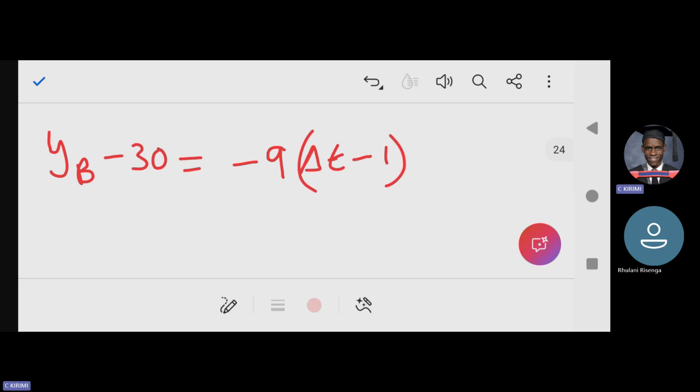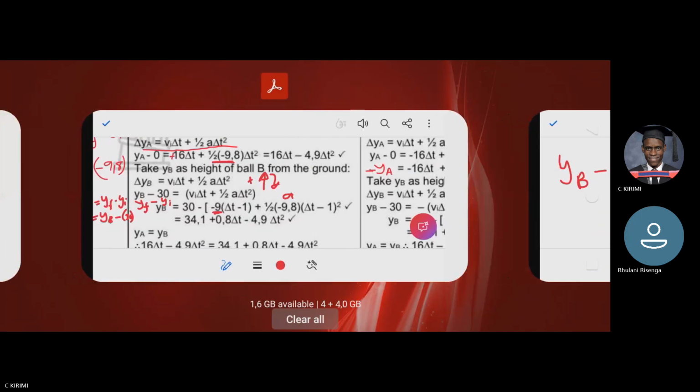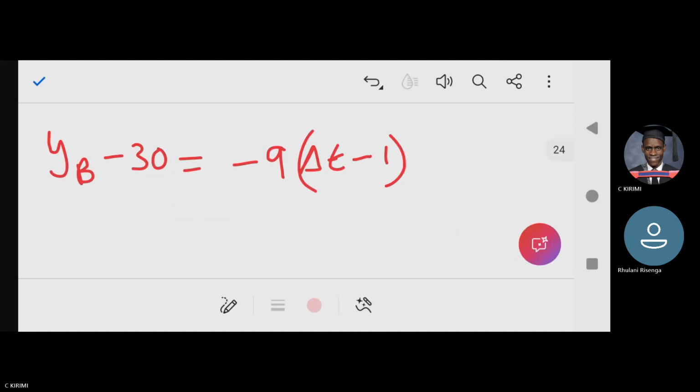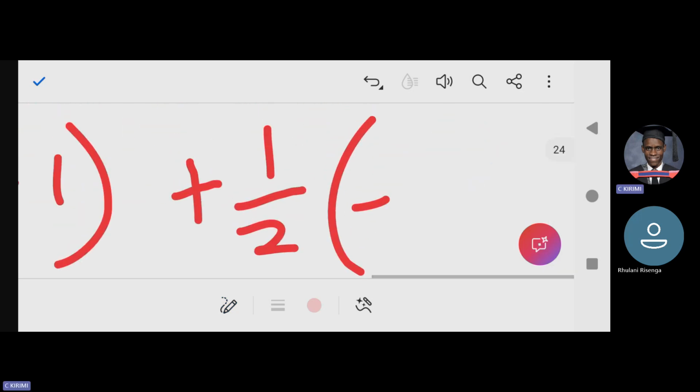And then from there, we also have plus half at squared. So you indicate the positive, plus half multiplied by the acceleration, negative 9.8, half at squared.